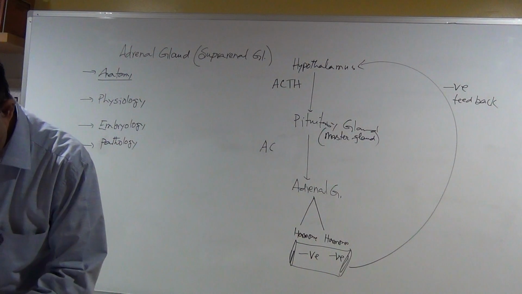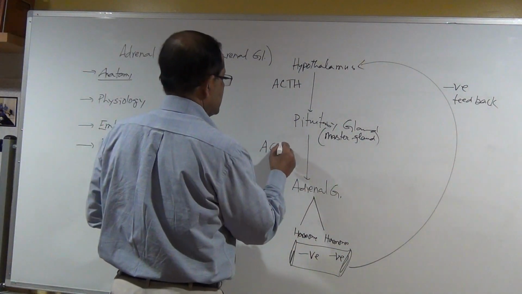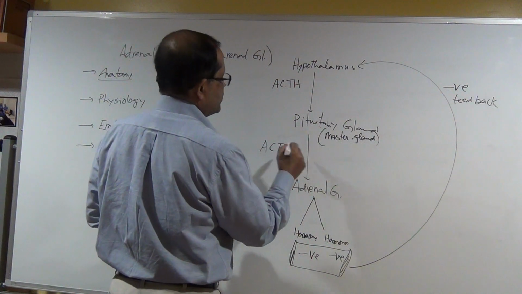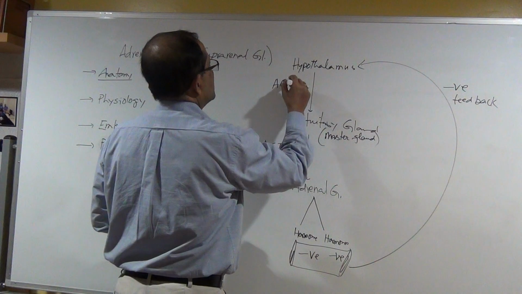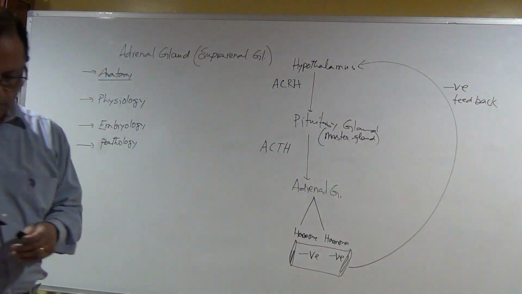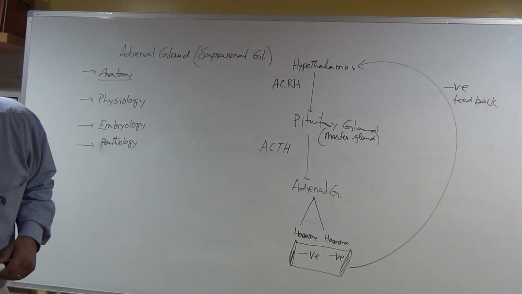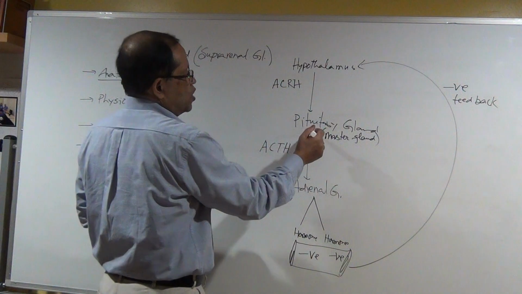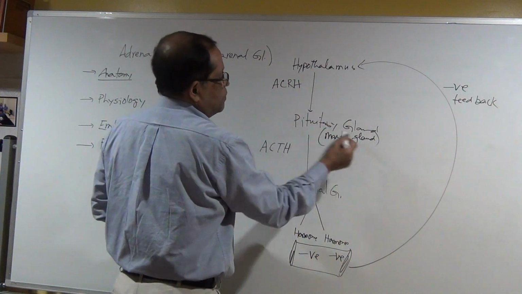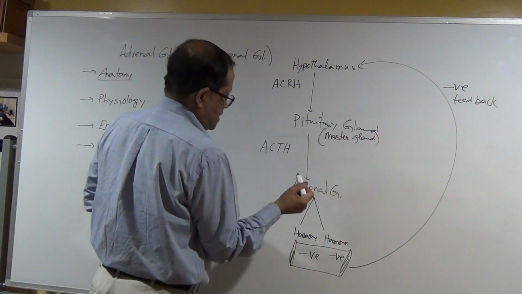Yeah, the pituitary secretes ACTH, adrenocorticotrophic hormone, and the hypothalamus secretes adrenocortico-releasing hormone. Okay, that's it. The releasing hormone will excite the pituitary gland. For what?